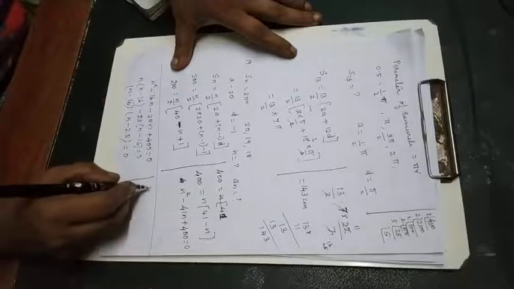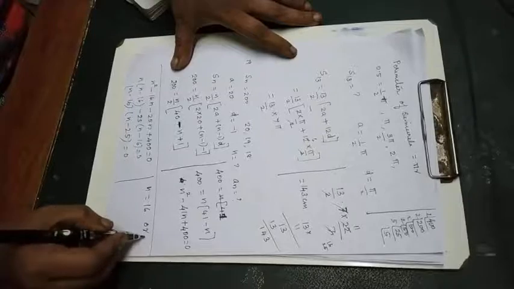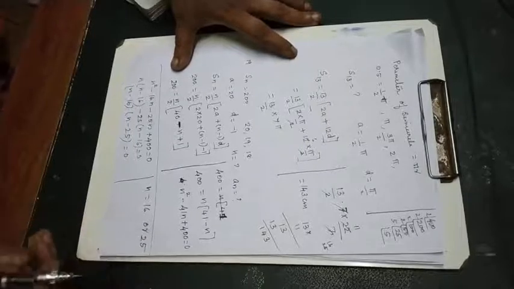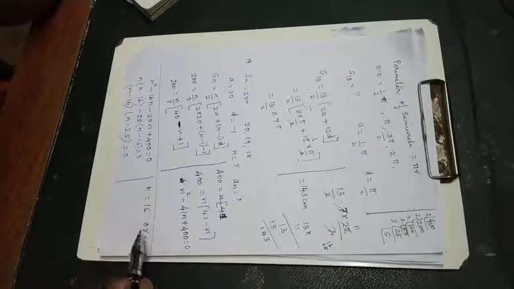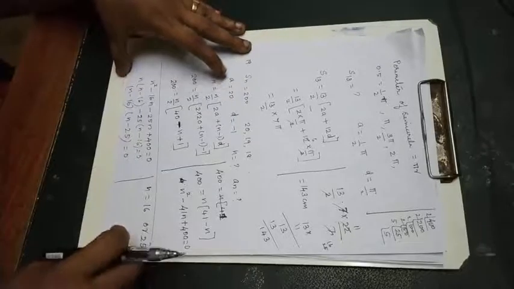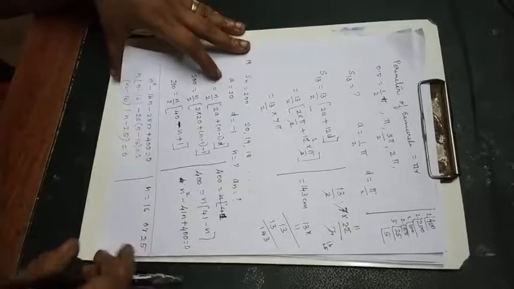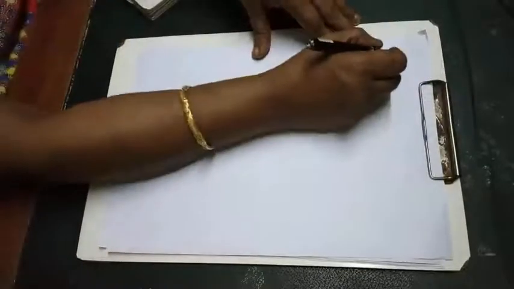That means n can be 16 or n can be 25. Okay, two values we are getting. So we don't know what n is. n is 16 or 25. Let us put 25 first.